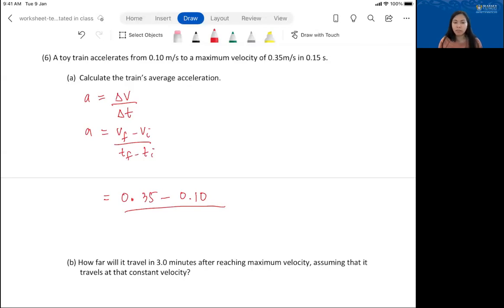That's the start point of the motion where you have Vi, so that the Tf is just the 0.15 seconds for the time interval. So you'll have an acceleration of 1.7 meters per second squared.